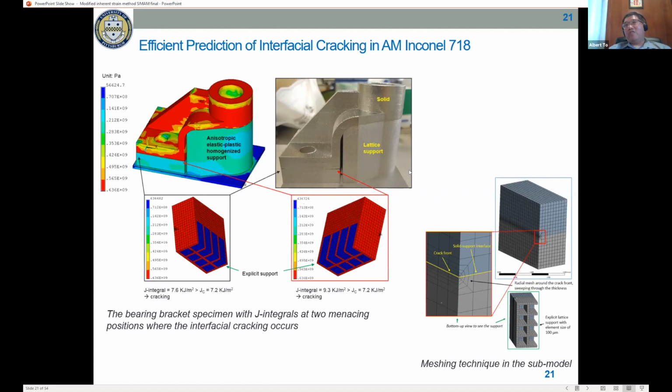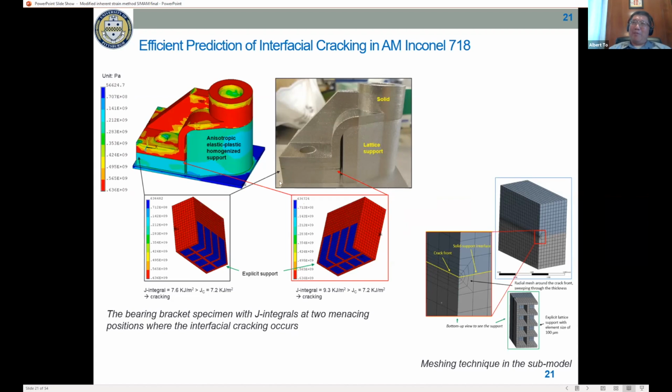So we apply this enhancing method to calculate the J integral, so that we can compare the critical J integral to the actual J integral for a part, so that we can predict cracking in the part. I don't have time to go into all the details, but this method actually worked out very well. We combine the enhancing method, global local analysis, and we homogenize ladder structures. So we combine a lot of different techniques to make this work in an efficient way.